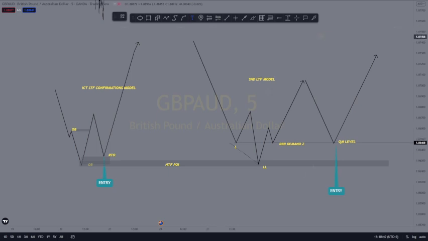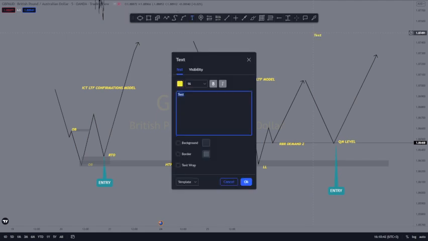For the SND model, number one, we've seen a low is formed before the POI. Number two, we've seen there is divergence.